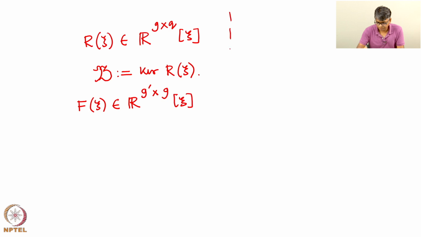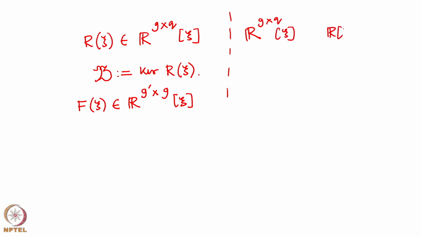This is a disclaimer: remember that when I write R of size g cross q (xi) and when I write R(xi) of size g cross q, the two are the same. There's a subtle difference between the two, but let's not worry about that at this point. These two will mean the same thing for us.